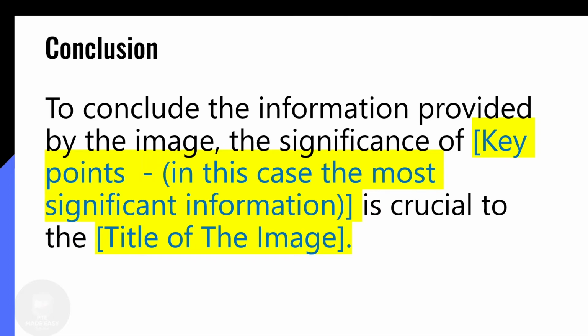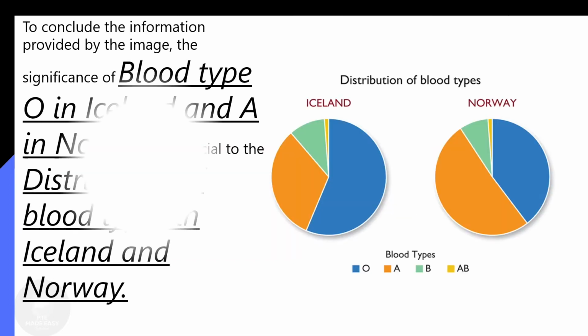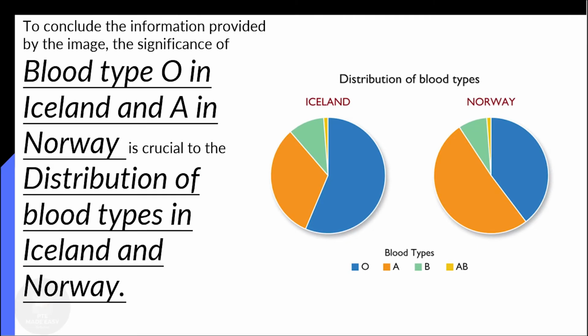Let's take a look at what to make of it. To conclude the information provided by the image, the significance of blood type O in Iceland and A in Norway is crucial to the distribution of blood types in Iceland and Norway.